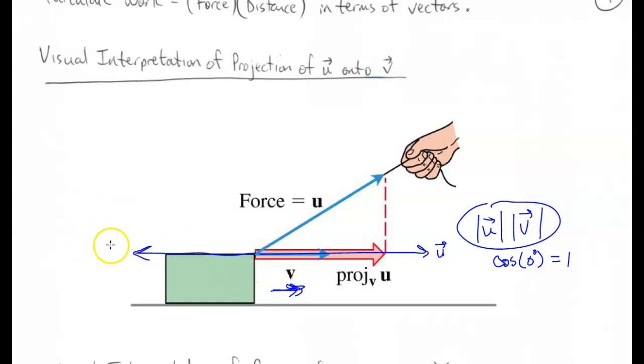In that case, it's going to be this product of magnitudes of u and v, but now it's going to be minus, because the angle in between is going to be 180, and cosine of 180 degrees is minus 1. Again, we'll formally state all of this moving forward.